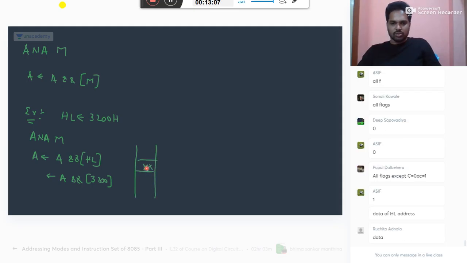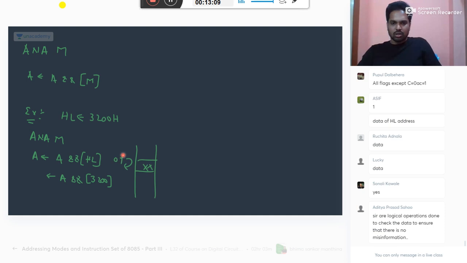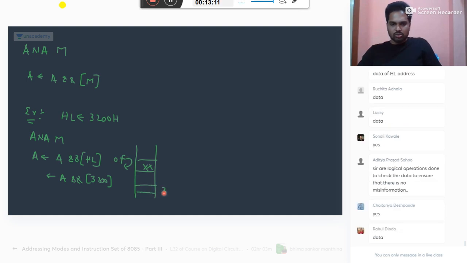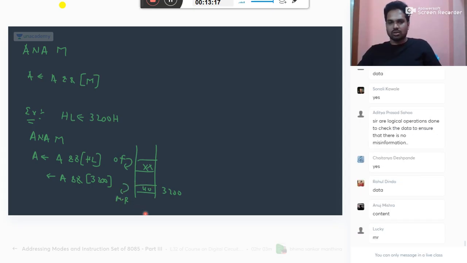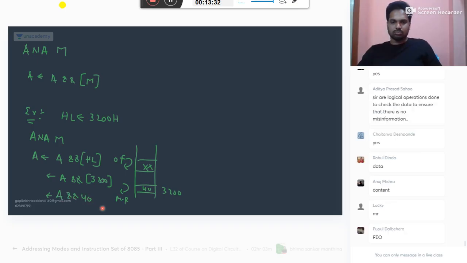So what is your total? 1 byte instruction, 2 machine cycles: opcode fetch plus memory read, 7 states. What is the addressing mode?